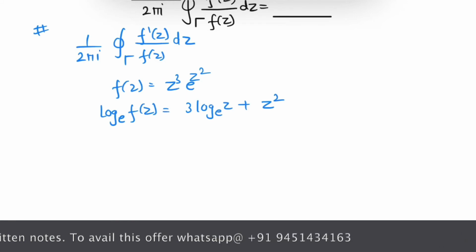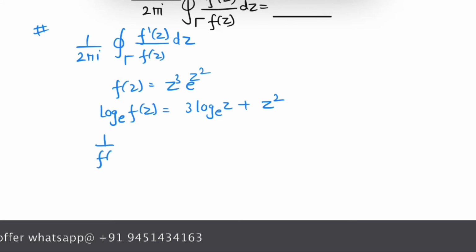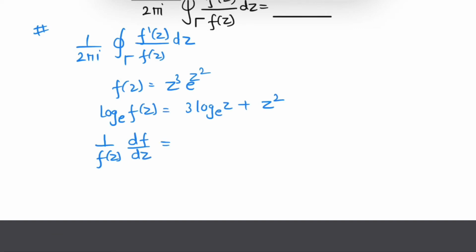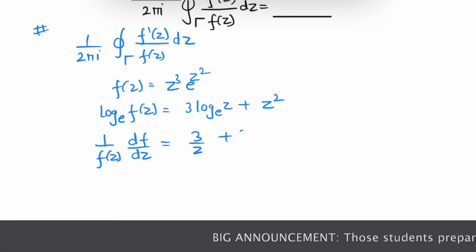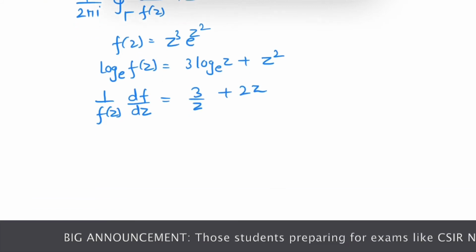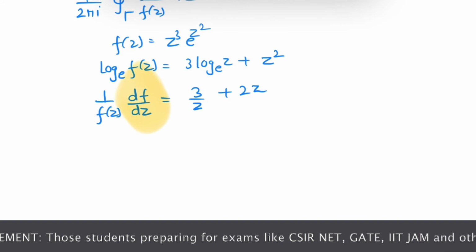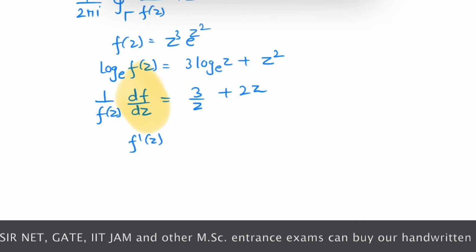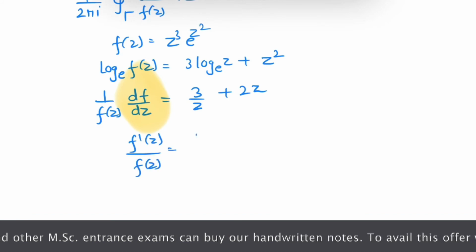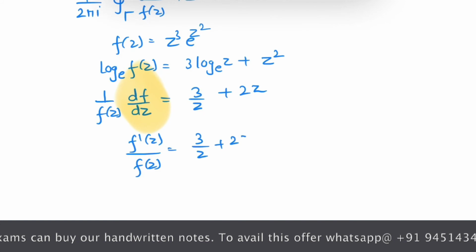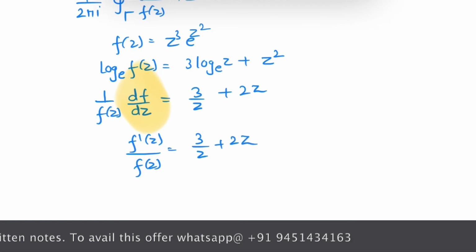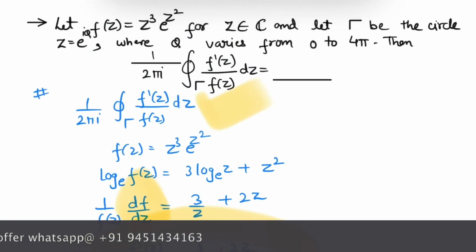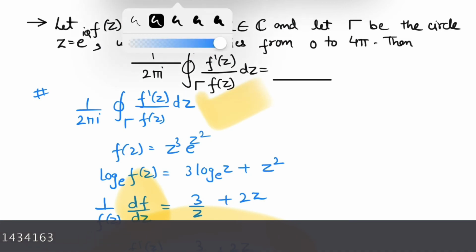So after differentiating we'll get 1 over f of z times the derivative of f, and this will be 3 times the derivative of log z, which is 1 over z, plus 2z. And df over dz is f prime z. So f prime z over f of z equals 3 over z plus 2z. Now let's substitute this into the equation.